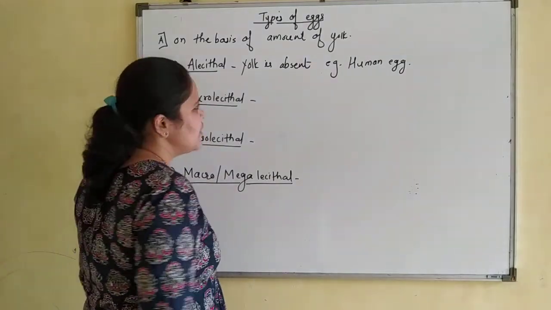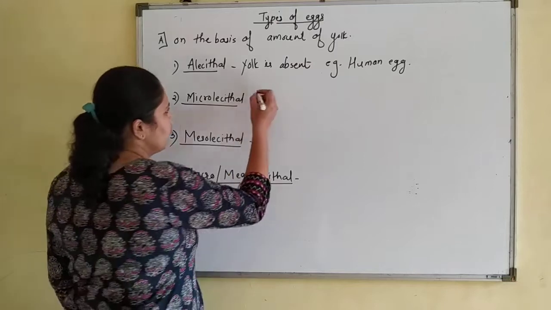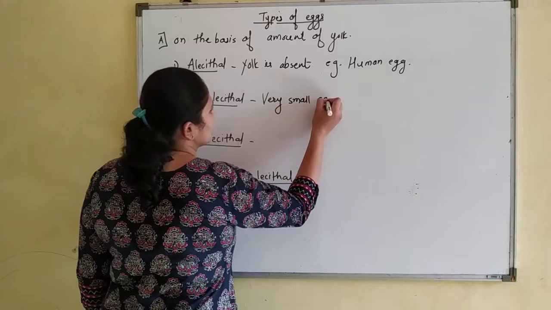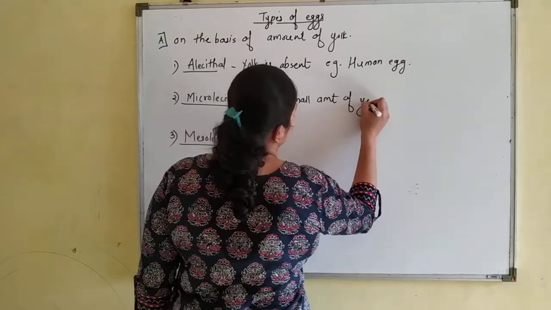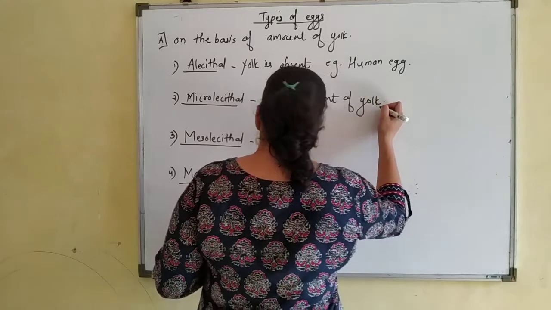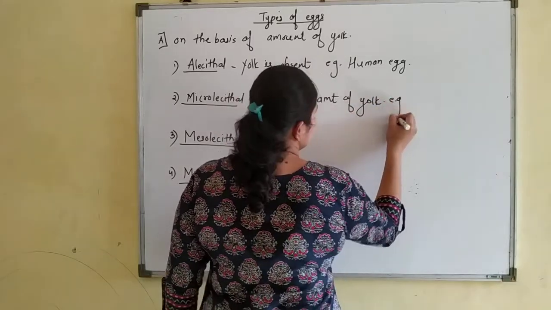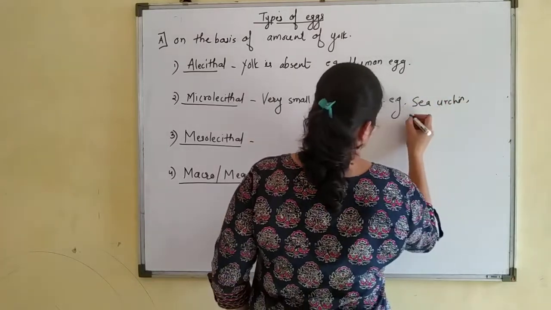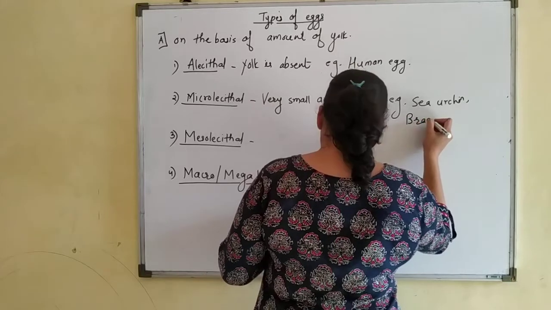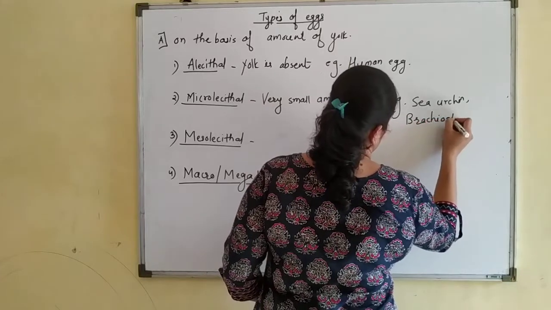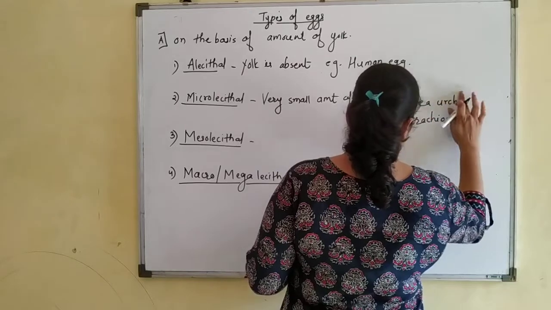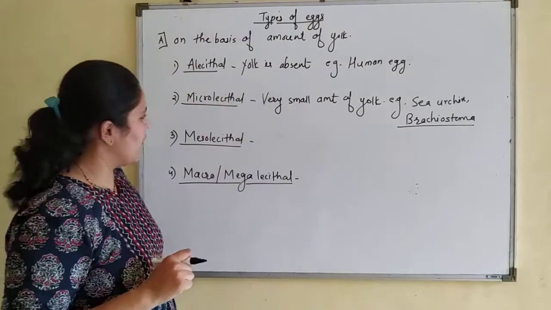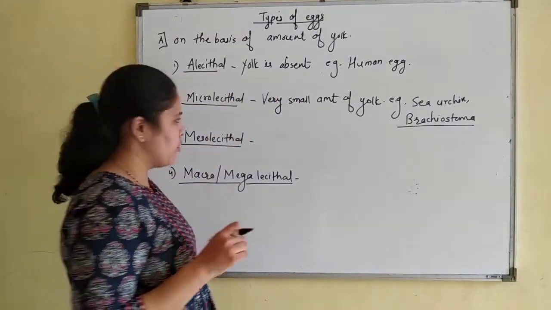Microlecithal means a very small amount of yolk is present. Examples: sea urchin, Branchiostoma.